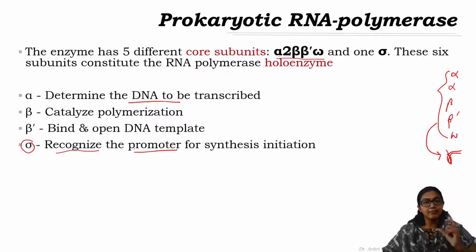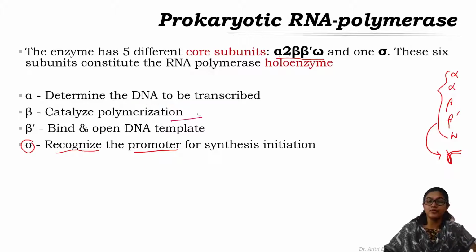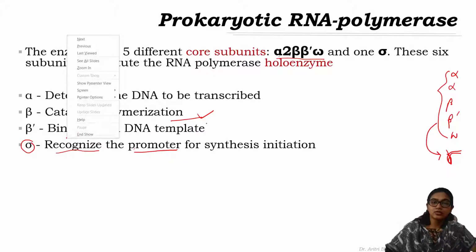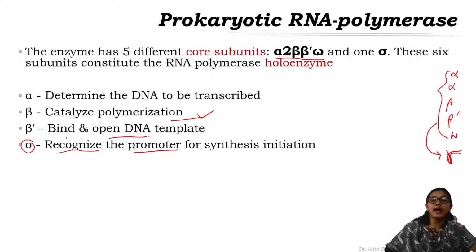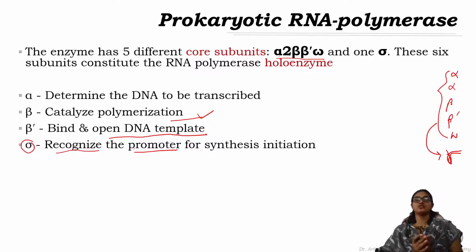The beta subunit is the main polymerizing subunit. The beta dash subunit opens the double helical DNA strand. It opens the two strands of DNA.